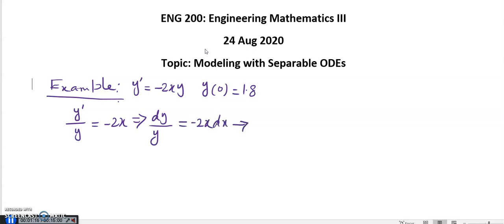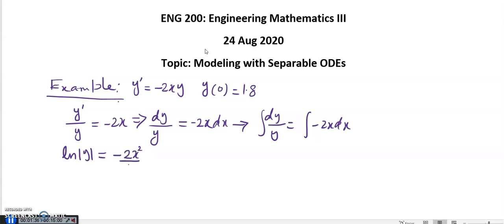And then for solving it, I take the integral on both sides. The integral of 1 over y is log of y, and that is equal to minus 2x square over 2 plus a constant.